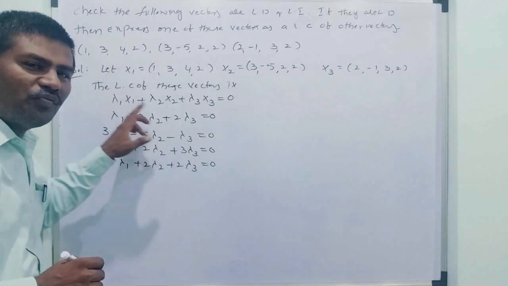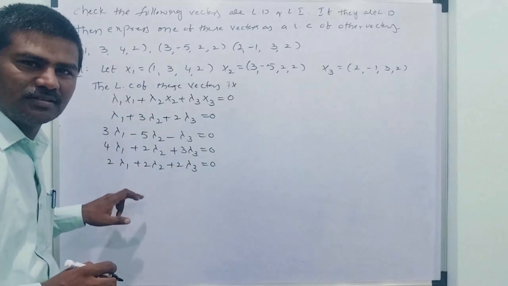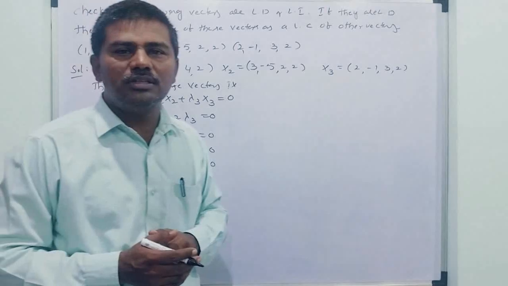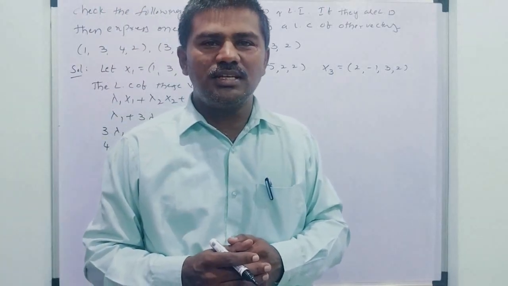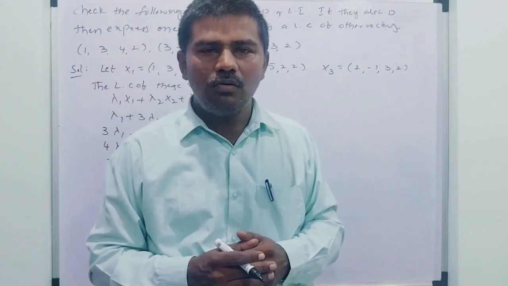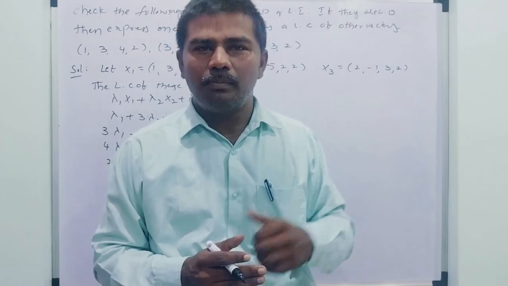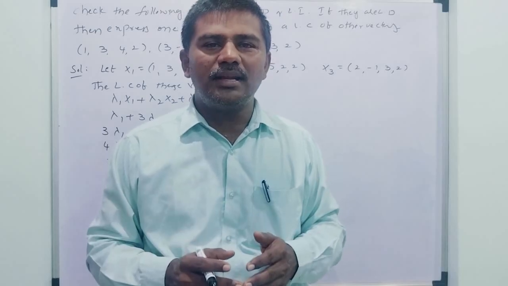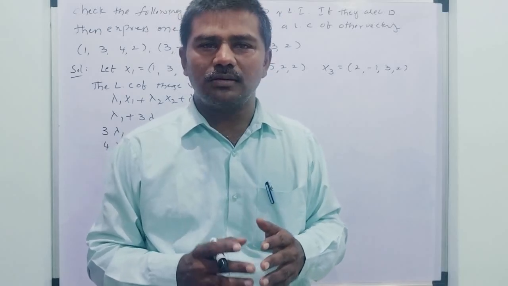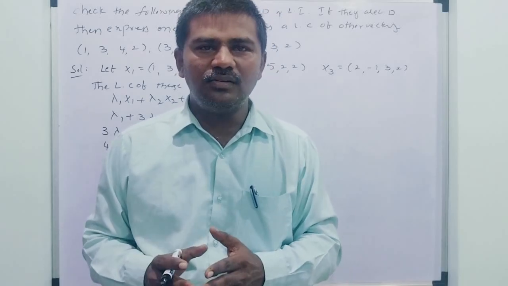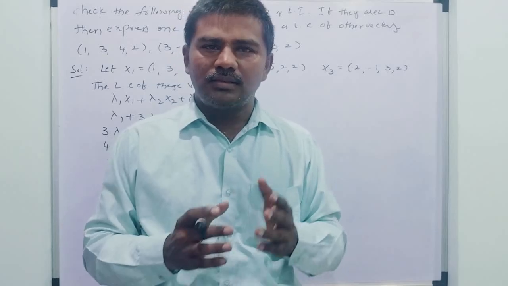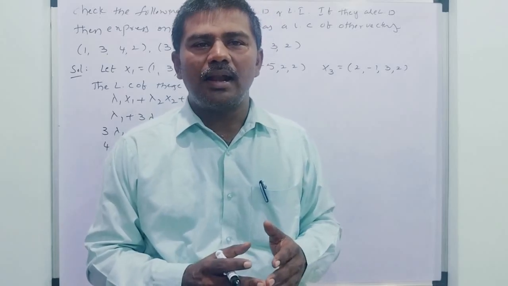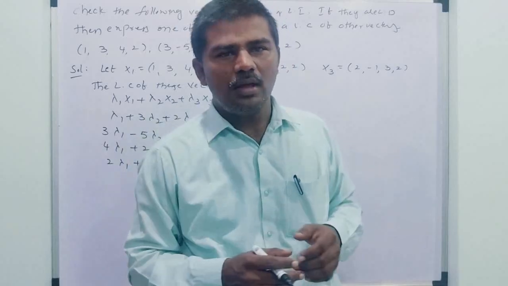This is a system of homogeneous equations. So you know how to solve the system of homogeneous equations. How? First of all, you need to write the matrix form of the given system and then reduce the coefficient matrix into echelon form and then find the rank of the matrix and compare that with the number of unknowns.